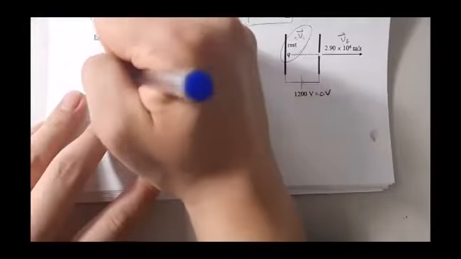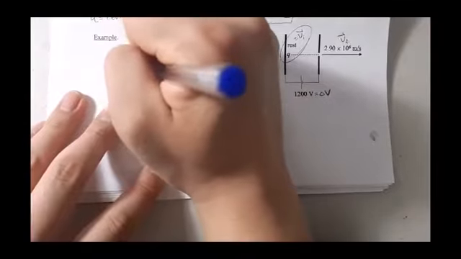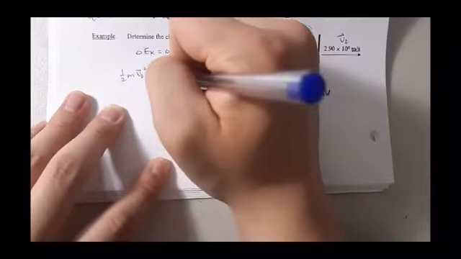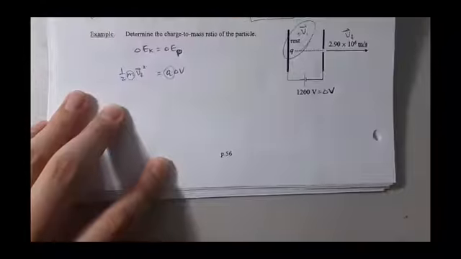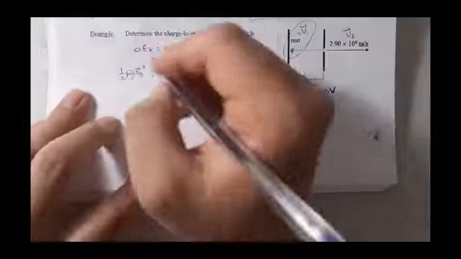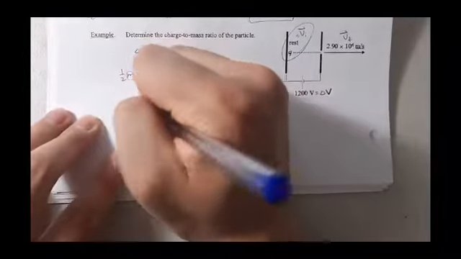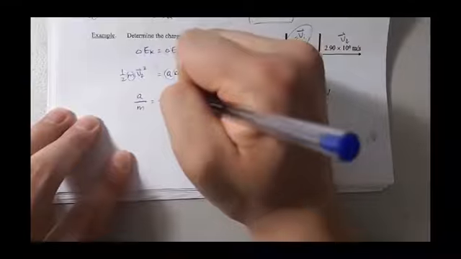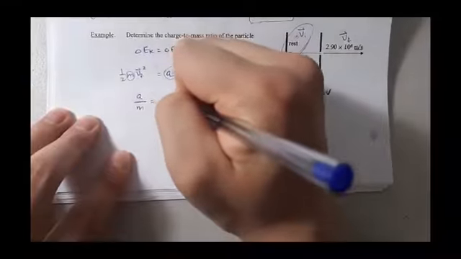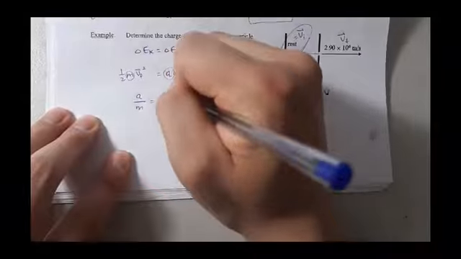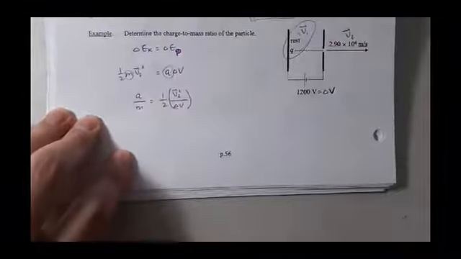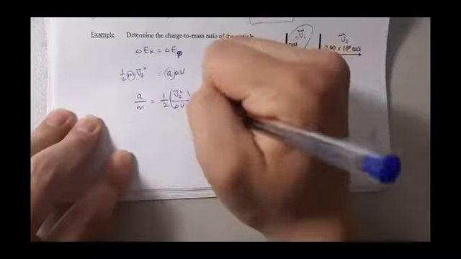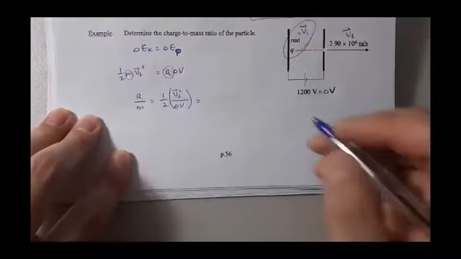So I can just put 1 over 2 m v final squared in here. And as you may see in this way, can you see that I can isolate q and m over here? So if I isolate it, q over m is equal to 1 over 2 final speed squared divided by delta V. That's what you can do, and that's what you can punch the numbers into.